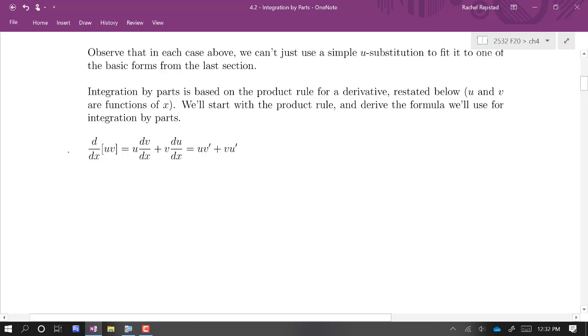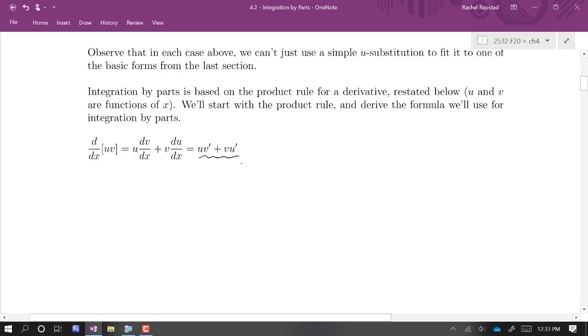So remember from Calc 1, and we've used it in this course also, that the derivative of the product of two functions, so if u and v are both functions of x, then the derivative of u times v is given by the function u multiplied by dv dx plus the function v multiplied by du dx, or sometimes you might see it written in the prime notation like we have here.